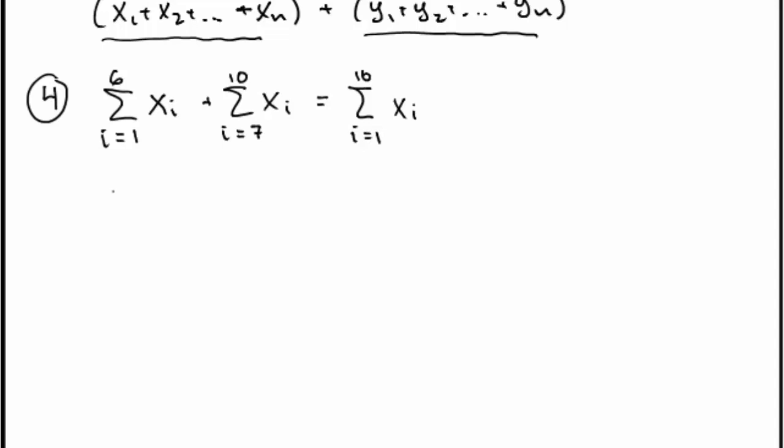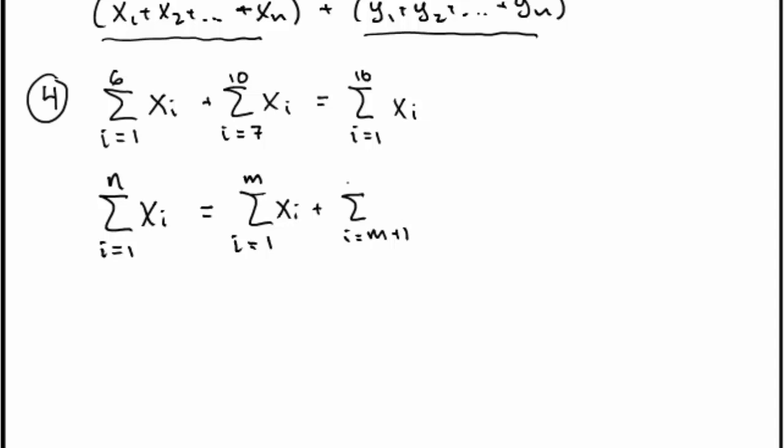Or in general, what this says is that we can break up the sum any way we like. So the sum i goes from 1 to n of xi can be written as the sum i goes from 1 to m, where m now is any number in between 1 and n, of xi, plus the sum where i goes from m plus 1 to n of xi.